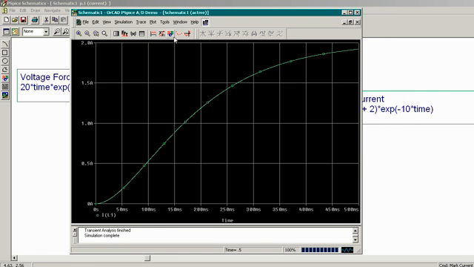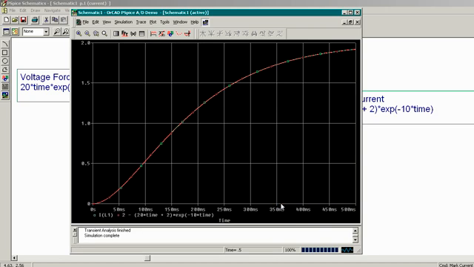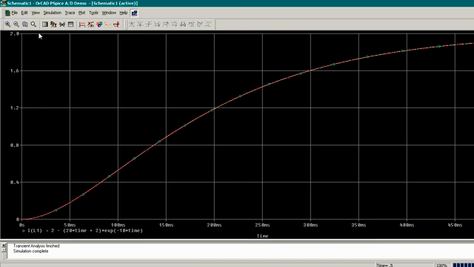And now we're going to take a look at what we derived on the board, which is our math expression there, and see whether or not it actually matches up. And it does. In fact, it matches up at every point on the entire curve here. Again, our math expression is in the red, and it's overlaying the green, which is our simulation result.